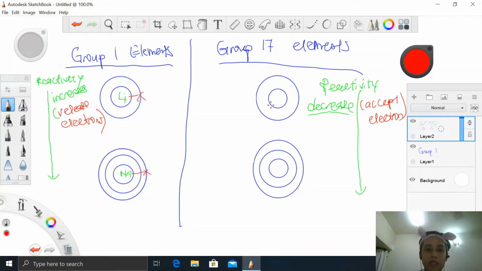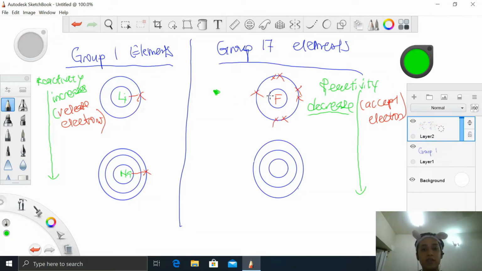So let's say in the case of fluorine, alright, I only draw the valence electron. Okay, so in this case I need one more to achieve octet stability. So maybe there's one more electron outside here, one electron moving in. So it will depend on how strong is the attractive force.